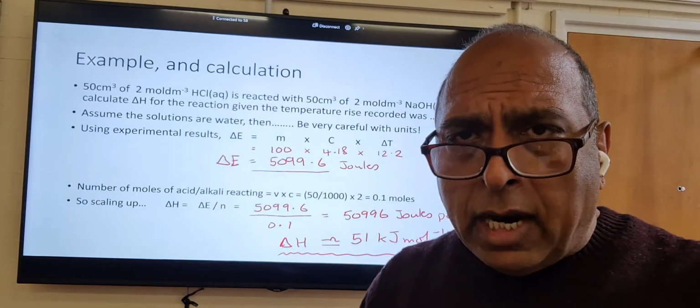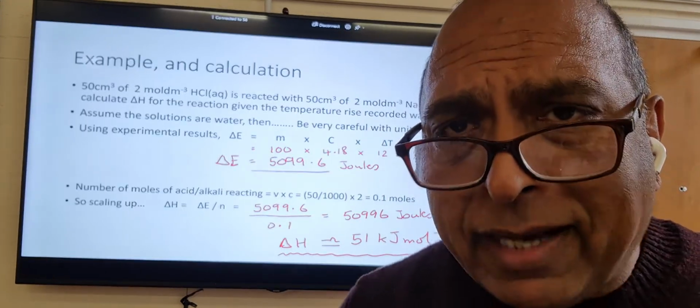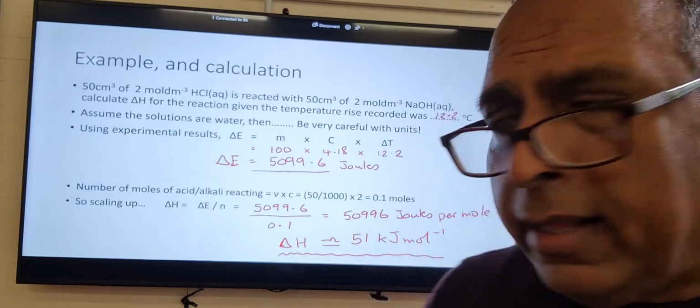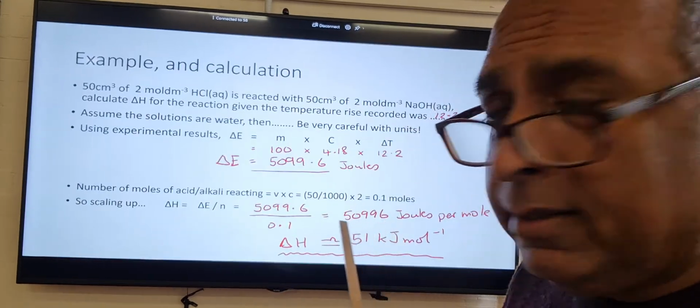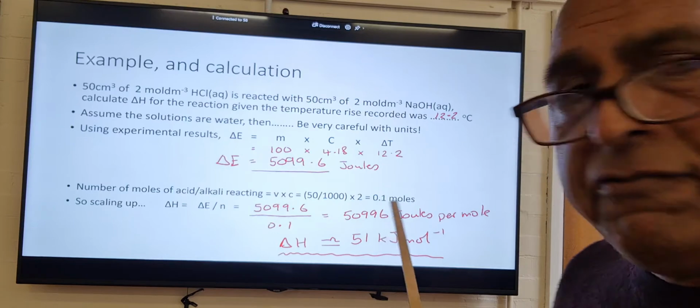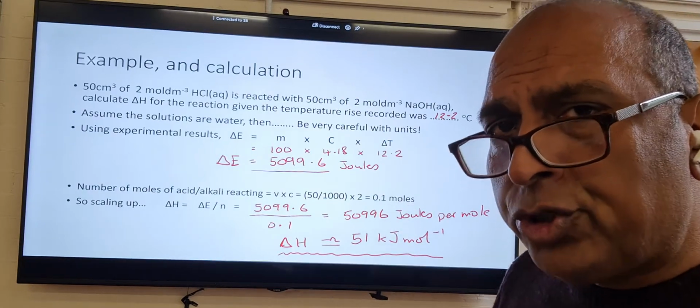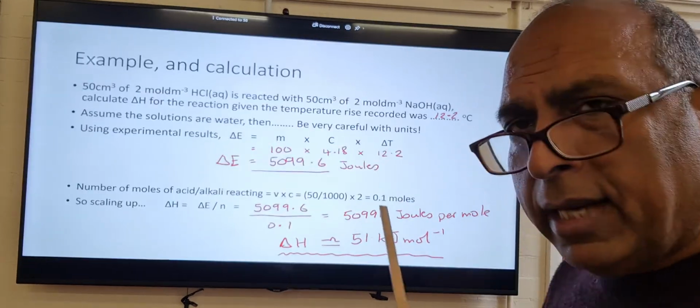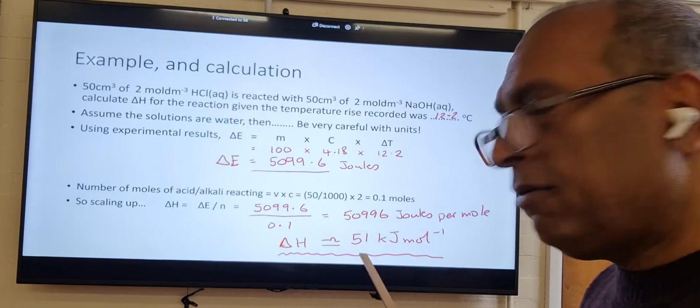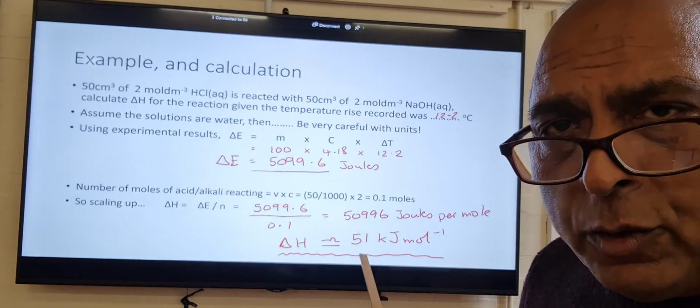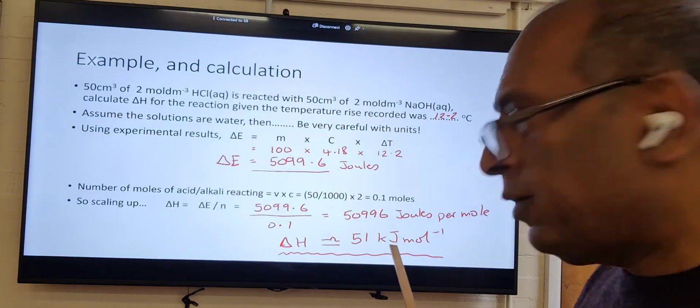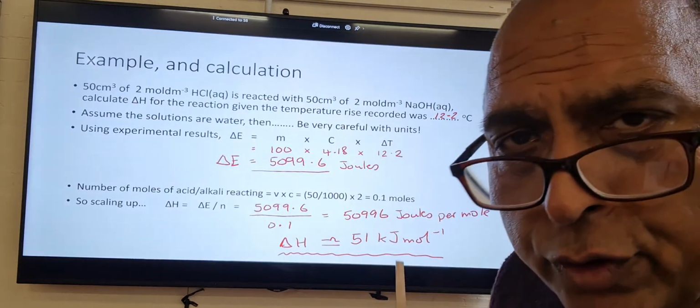So on a scale where we needed a mole of acid with a mole of alkali, we'd have to multiply by 10 to get that answer, which is 50,996 joules. Now 50,996 joules is about 51 kilojoules. And the units, I want you to write them like that, kilojoules per mole.